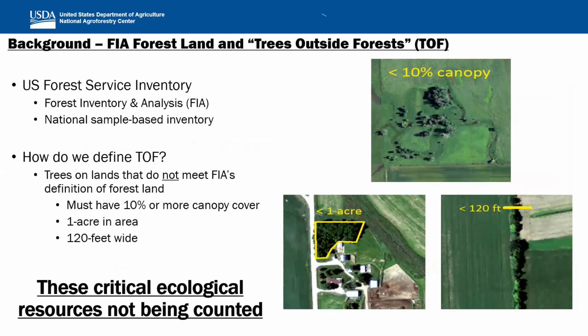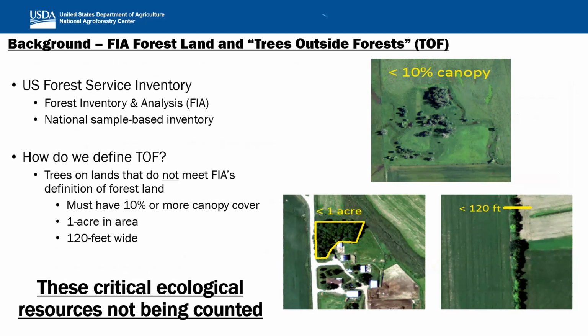So I mentioned a little bit about the FIA program. It's more suited to traditionally forested areas with their sample-based approach. And so this is kind of how we've based our definition of trees outside forests, based on their definition of forested land.